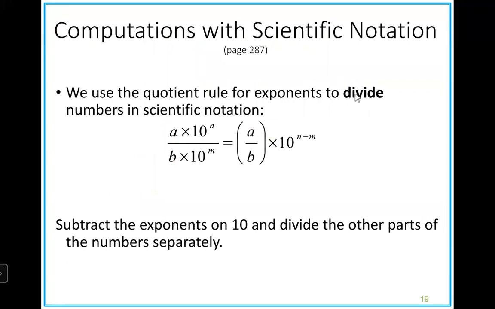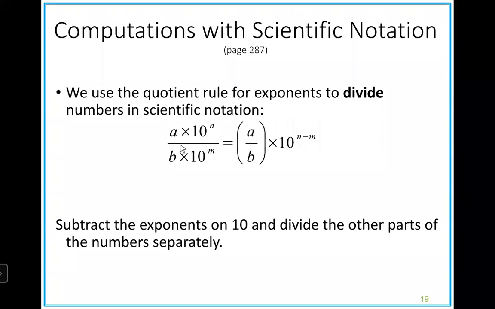So we also have cases where we can simplify by dividing. We just did multiplication, but sometimes we can also divide numbers in scientific notation. So we have what is called a quotient rule, and that's the rule we're going to be using here. With the quotient rule, we subtract powers.